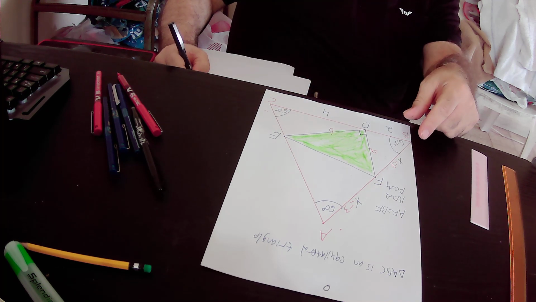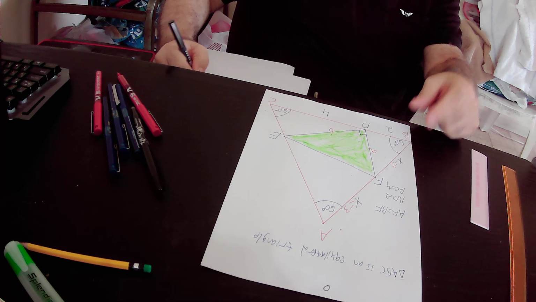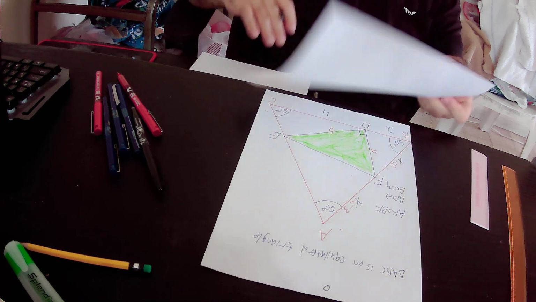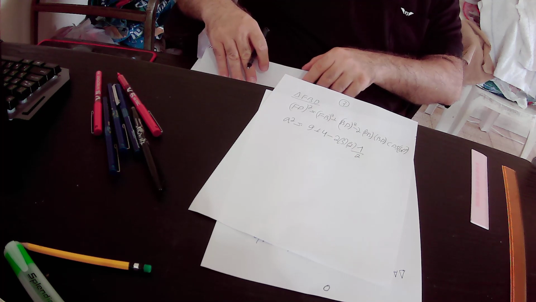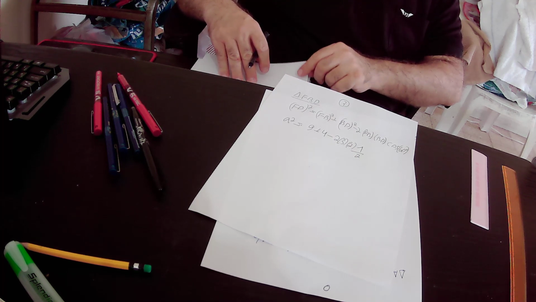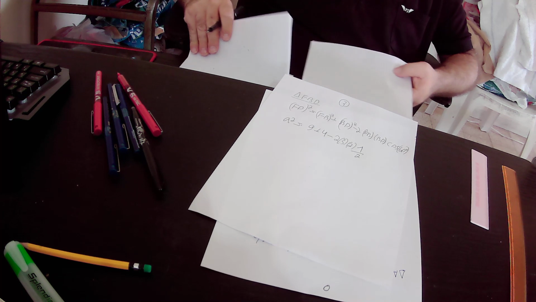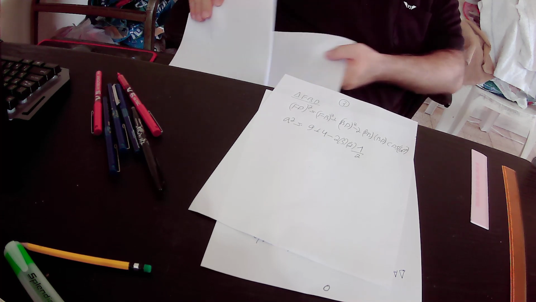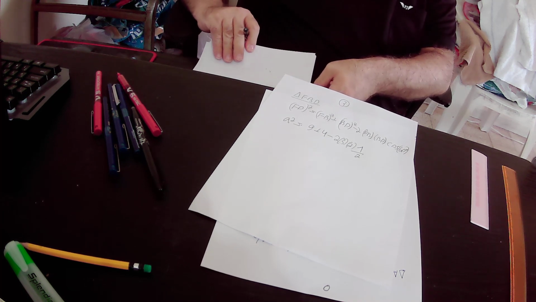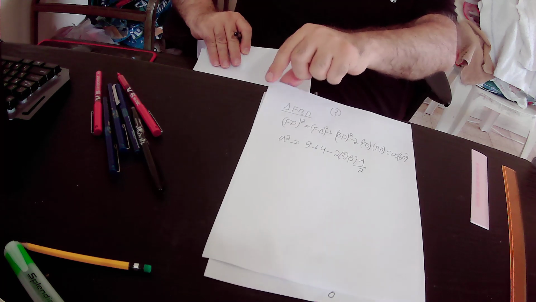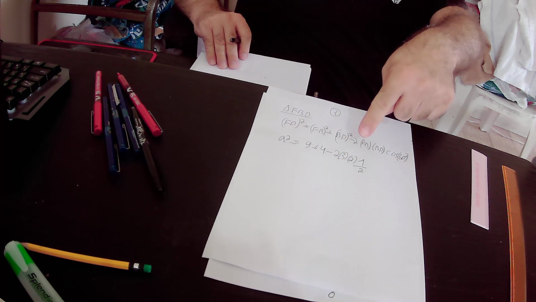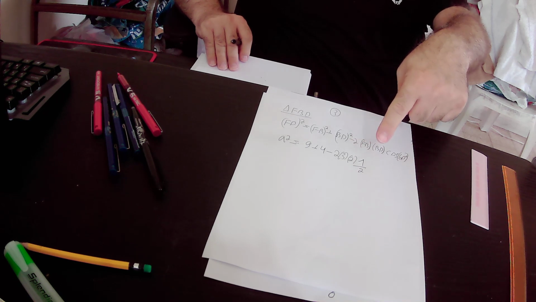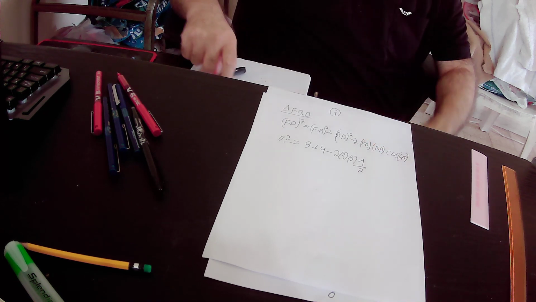Cosine 60 degrees is 1 over 2. So in total we got that a squared equals 9 plus 4 minus 2 times 3 times 2 over 2.